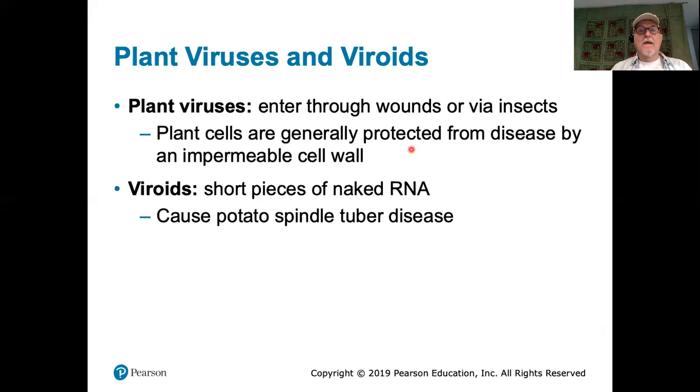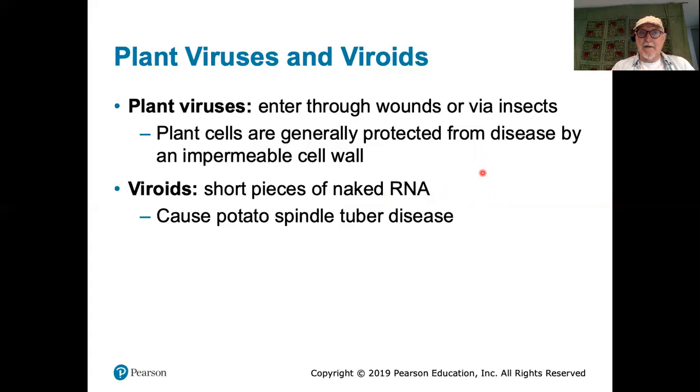There's another group of infectious elements called viroids. These are very strange. They're little pieces of naked RNA, only occurring in plants. They're just naked RNA. They have no capsid or anything. Again, they're usually transported by insects.